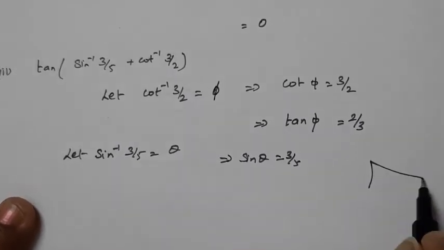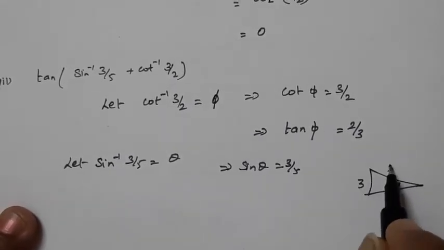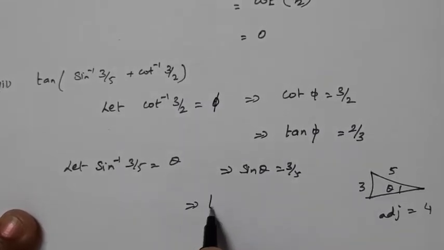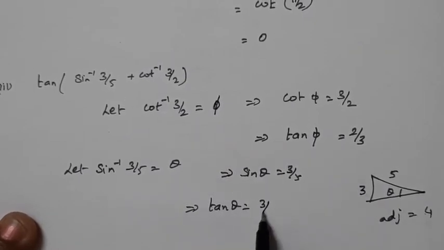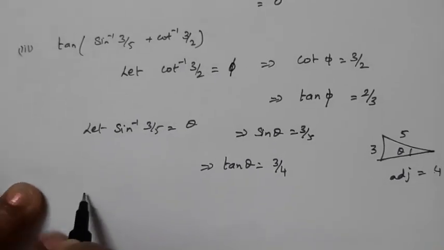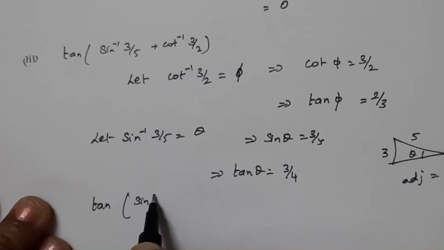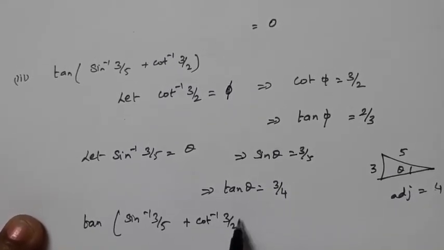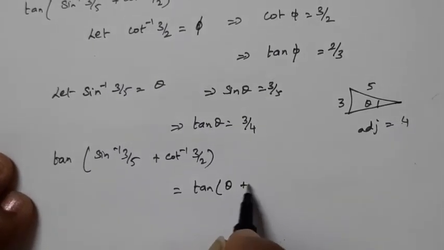By using the right angled triangle, sin theta is 3 by 5 means the opposite side is 3 and hypotenuse 5, and hence the adjacent side will be 4. So what would be tan theta? Tan theta is equal to opposite by adjacent, that is 3 divided by 4. Now tan of sin inverse of 3 by 5 plus cot inverse of 3 by 2 is equal to tan of theta plus phi.